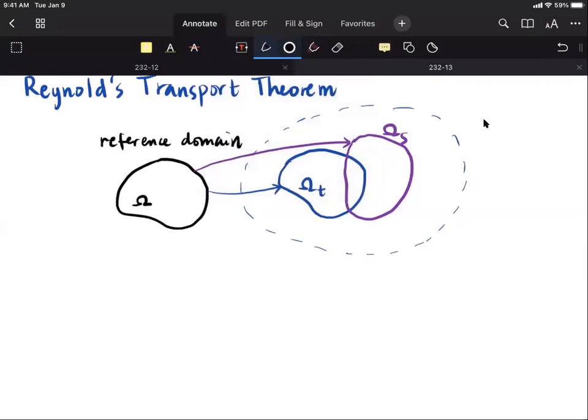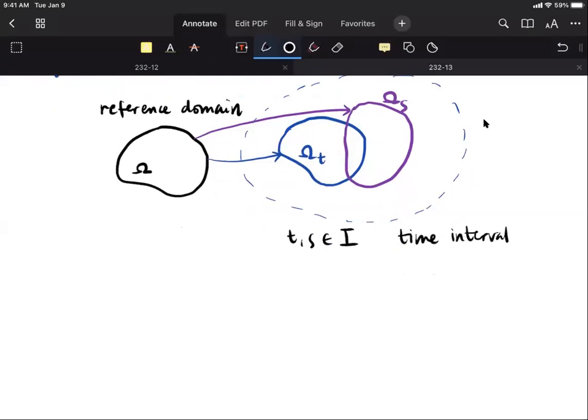And think of the subscript as the time variable. And this is, let's say, the transported domain after some time s, so t and s are in I. Think of this as some sort of your time interval. So suppose I have a function f that depends on space and time.